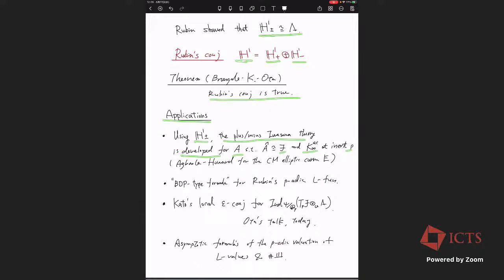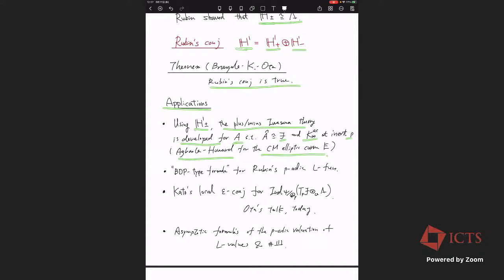Actually, Agbura and Howard already developed plus/minus Iwasawa theory for CM elliptic curve E, in the introduction, with a conjecture. I want to remark that we can apply our theory to non-CM elliptic curves too, if A has formal group isomorphic to F. For example, if A is defined over Q_p with a_p equals 0.